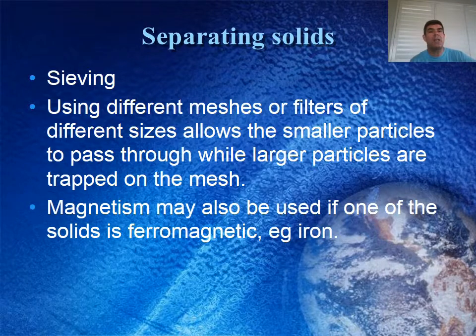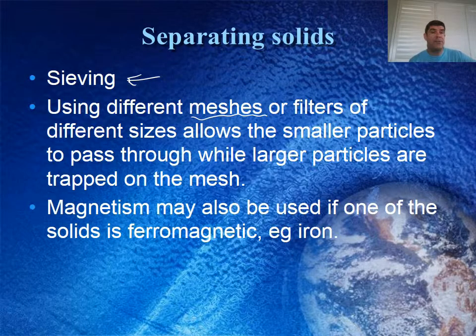First method we want to look at is separating solids. When we have solids of different sizes, then the method that we choose is sieving, or I guess a form of filter which has large and small sized holes. Using meshes of different sized holes allows certain sized particles to pass through and others to remain trapped on the mesh.